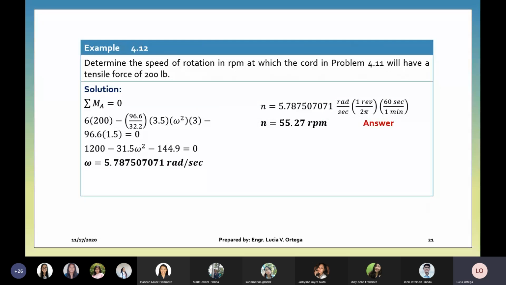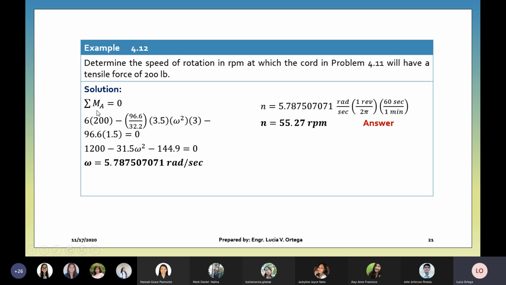Okay. So determine the speed of rotation in revolutions per minute at which the chord in the previous problem 4.11 will have a tensile force of 200 pounds. So remember the free body diagram for the rod AB.